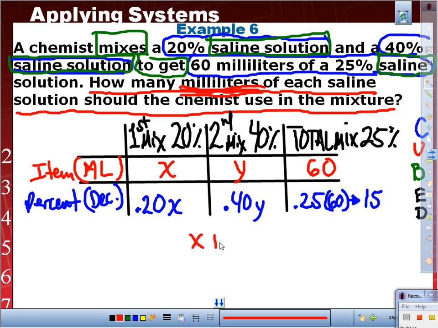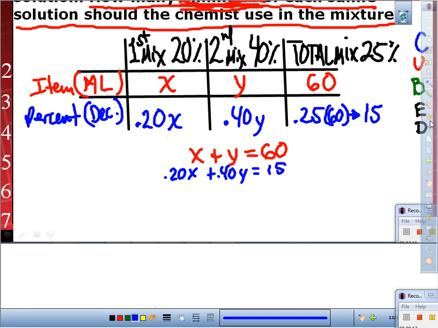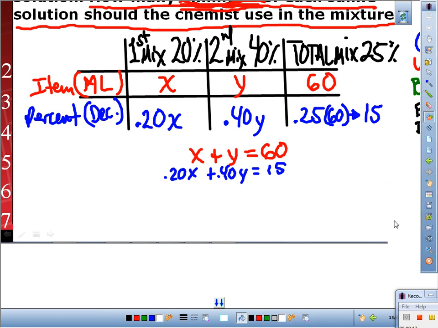X plus Y equals 60, which is this one right here. And my second equation is what? 0.20x plus 0.40y equals 15. So, Justin, which variable would you like to solve for?